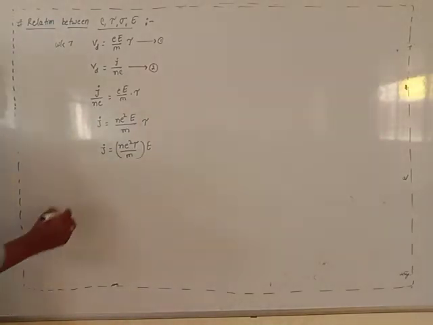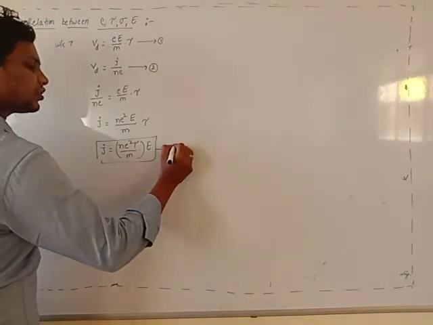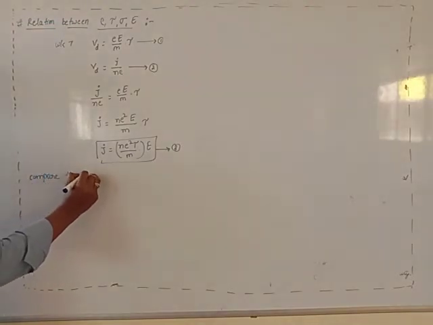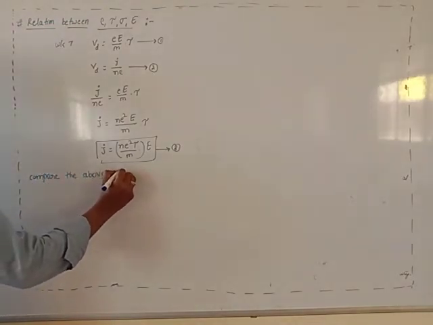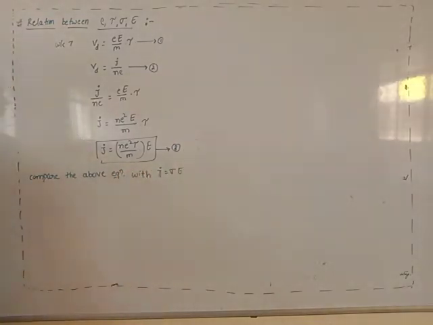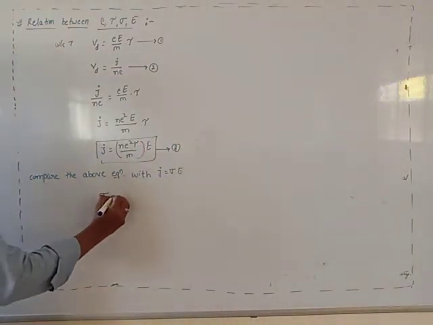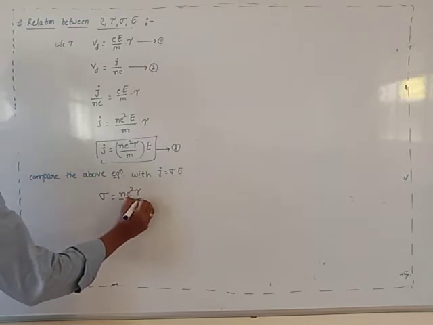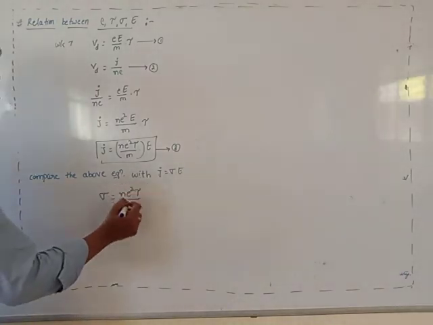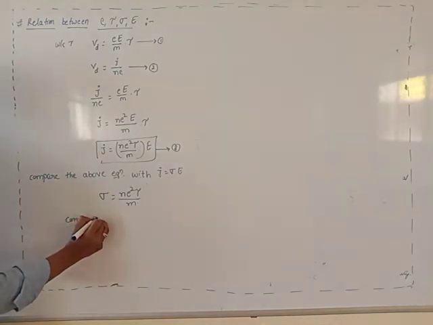I take this as equation number 3. Now compare the above equation with j is equal to sigma E. Therefore, in the place of sigma we have Ne square tau by m, where sigma is called conductivity.